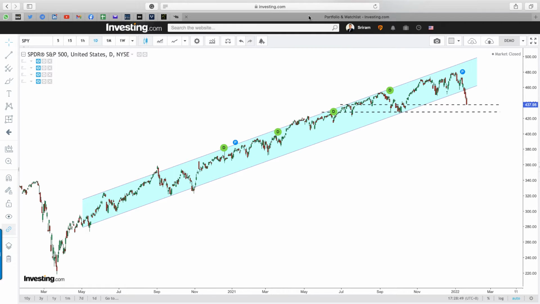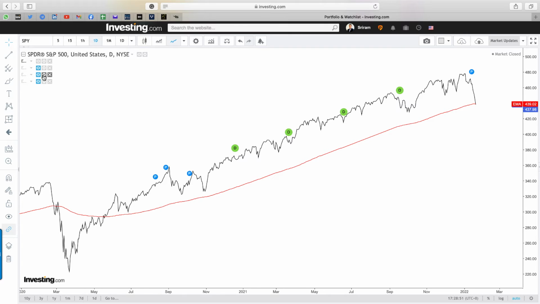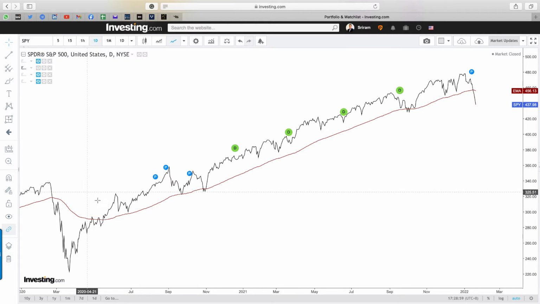If you look at the key moving averages, the brown color is the 100-day moving average, and the red one is the 200-day. If you carefully observe, the S&P 500 bounced off the 100-day moving average twice, thrice, and then four times. And the fifth time, I was expecting it to bounce back, but it breached that and went all the way down to the 200-day moving average.